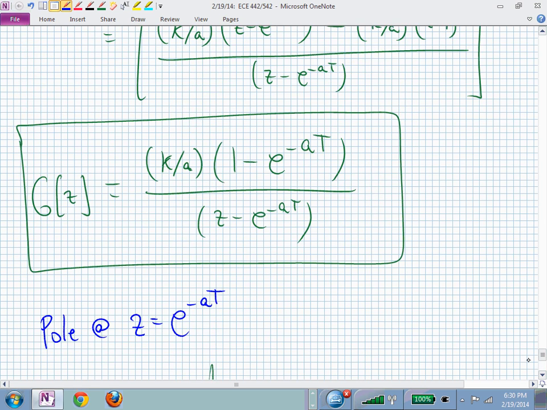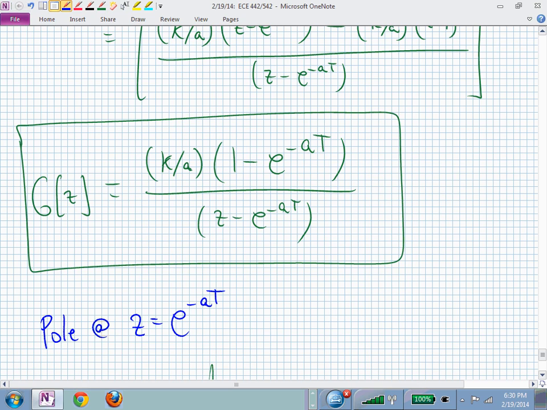What's the DC gain of this transfer function? What's the DC gain of a g of s? How do we find the DC gain of a g of s? We look at DC, don't we? Or when omega is equal to 0, or when s is equal to 0.